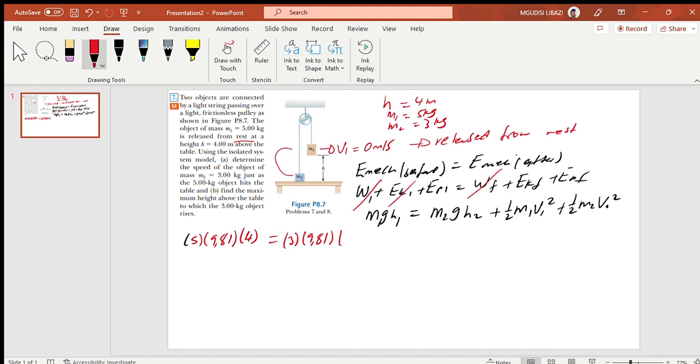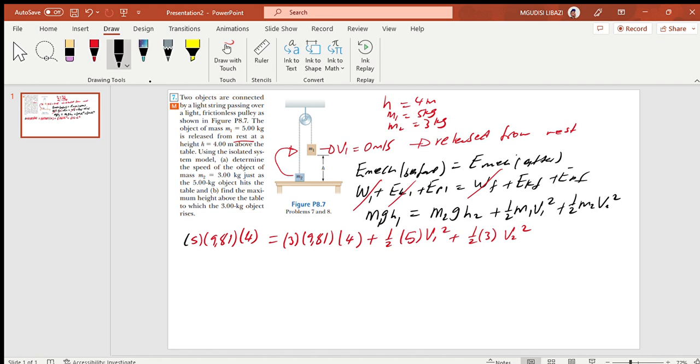Since m2 will be at the position where m1 was finally, we still have 4 here, plus 1 over 2 m1, which is 5, times v1 squared, plus 1 over 2 m2, which is 3, times v2 squared.